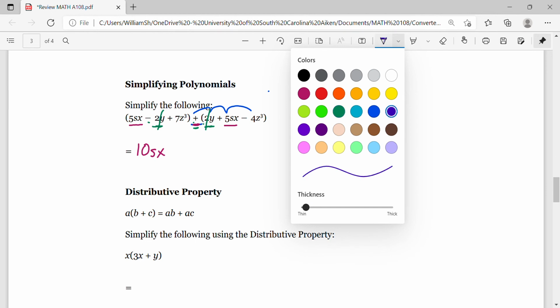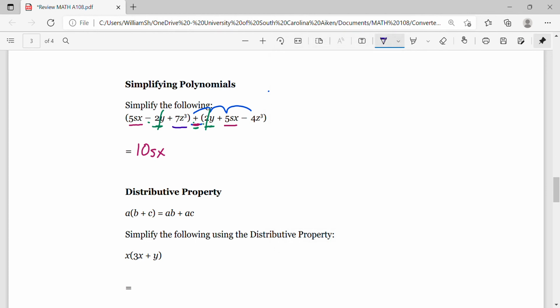Lastly, I have a 7z to the third plus a negative 4z to the third. So 7z to the third minus 4z to the third gives me plus 3z to the third, which is what is left over. My final simplification here is 10sx plus 3z to the third.